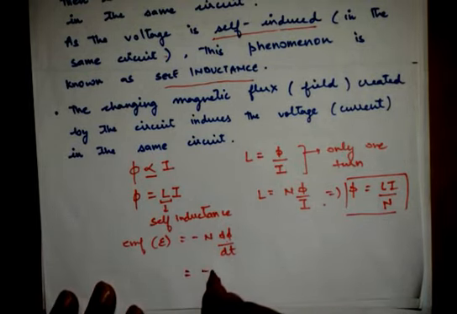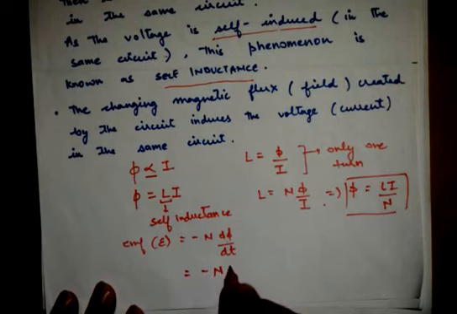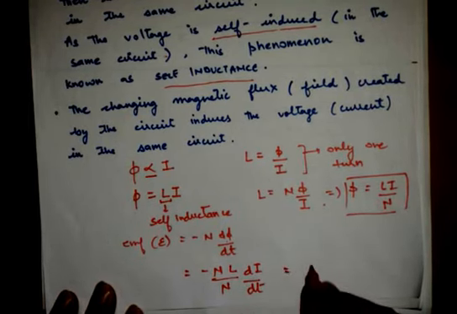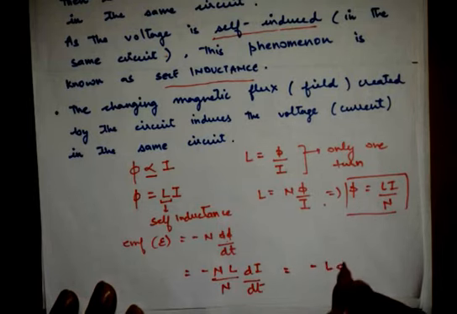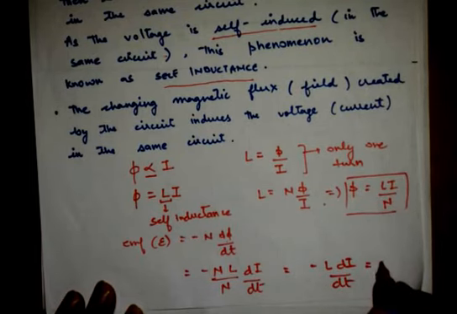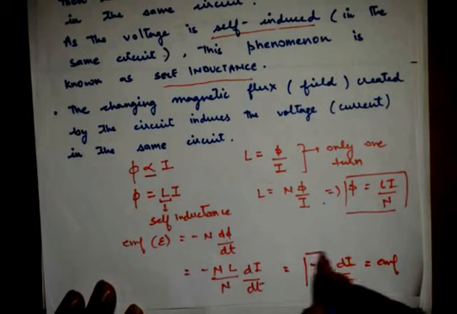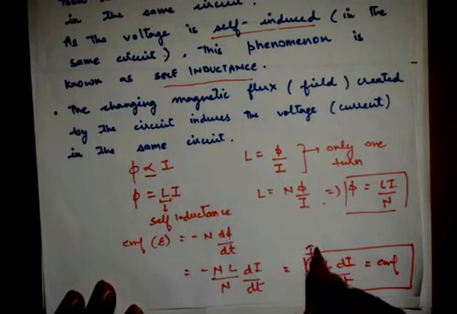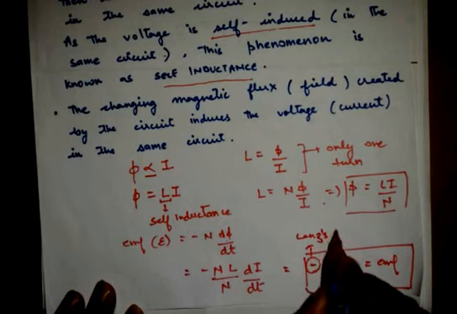So we'll get minus N L over N di by dt. We will get minus L di by dt. So this is the EMF which will get induced in the solenoid. Okay, and this minus sign represents the Lenz's law, which we have already discussed.